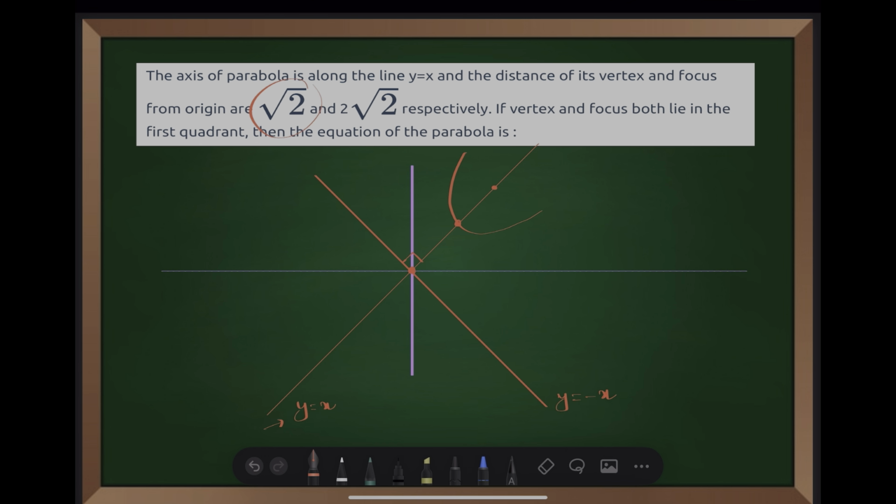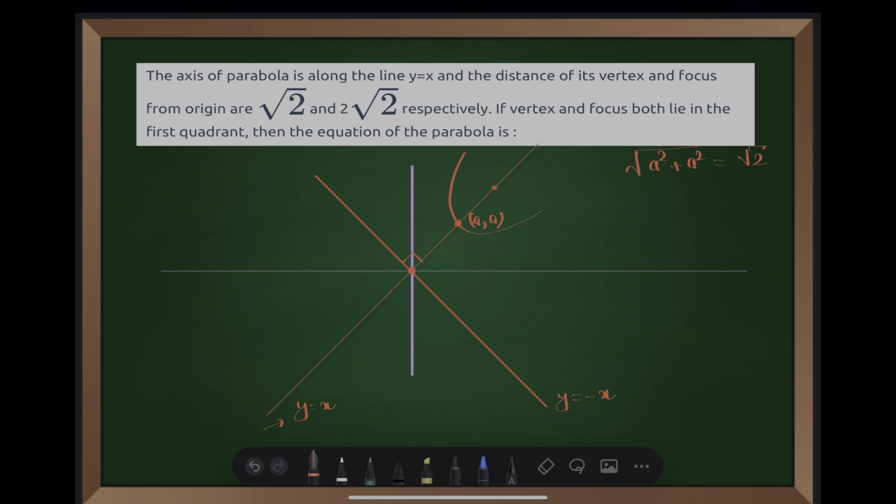Now the vertex is at a distance of root 2 units. So suppose the vertex is a comma a. This distance they are talking about, so can I go with the distance formula? So it is root over (a minus 0) squared plus (a minus 0) squared, which is equal to root 2.